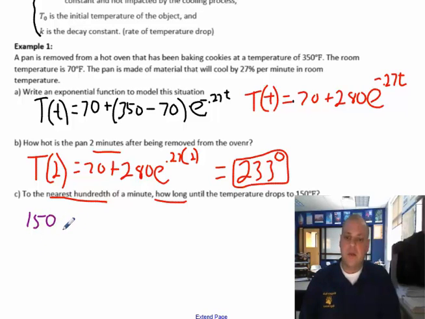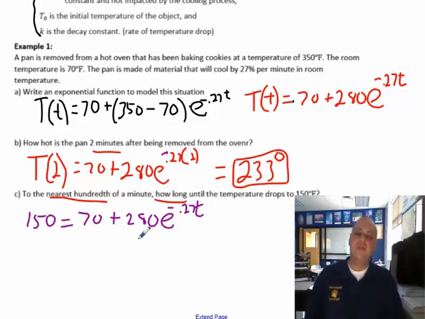It's cute. 150 is what we want. That's our desired amount. 70 plus 280 e to the negative 0.27 t. Oh, I just noticed that it should be a negative up here. Anybody else notice that? Probably not, right? All right, negative 0.27 t.